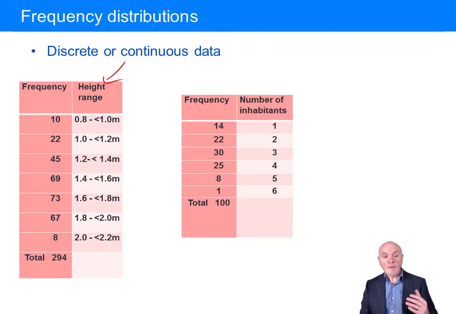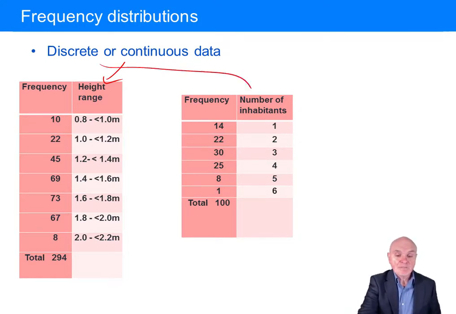So we can have 0.8, 0.81, or 0.801, or 0.880001, and so on, depending how accurate you want to take the readings. But any specific height is going to be possible, so the data can be continuous.